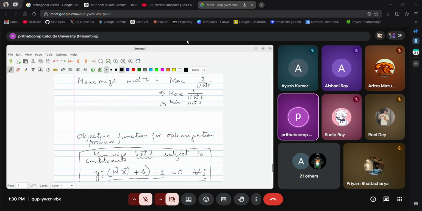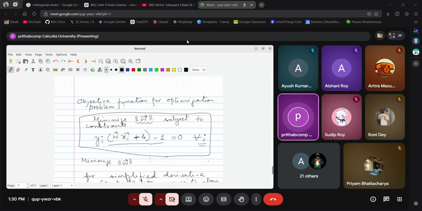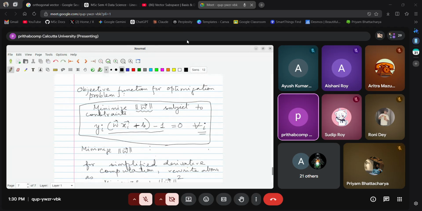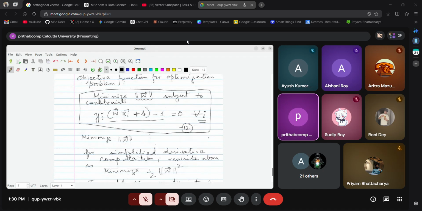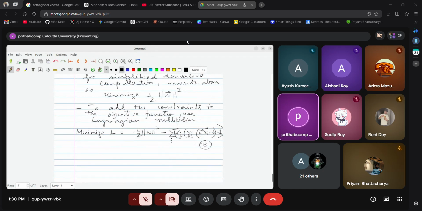Let's say this is equation 12. So here alpha is the Lagrangian multiplier.